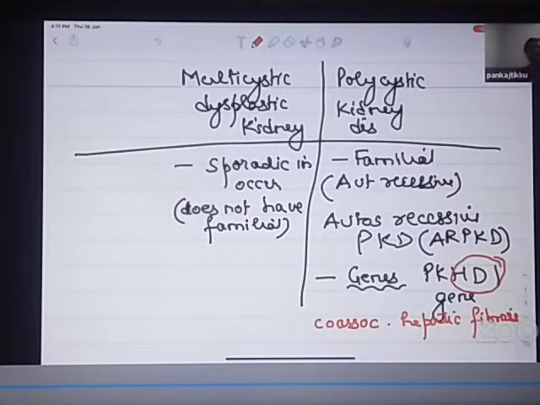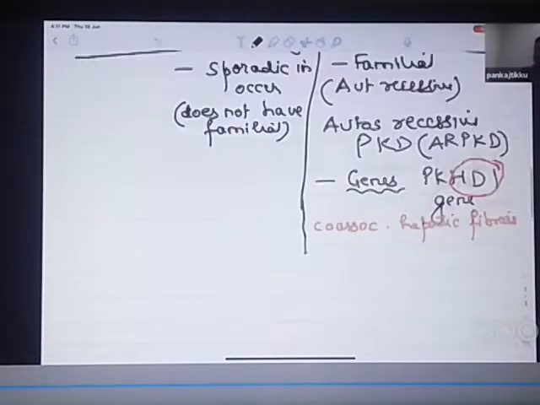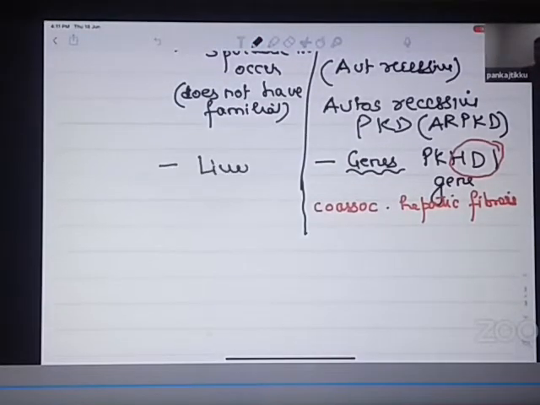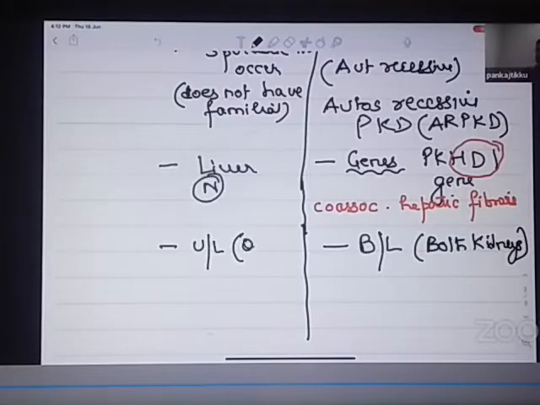So the liver invariably is affected in the case of polycystic kidney disease, but in the case of a multicystic dysplastic kidney, the liver is usually normal. Then polycystic kidney disease usually involves both kidneys, bilateral, while this usually is unilateral and involves one kidney.